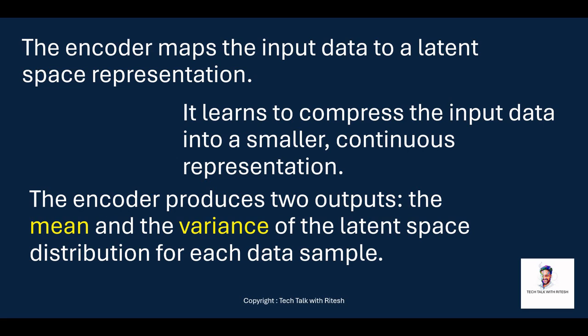And whenever we get the input, we'll just try to map it against one of those dots, right? Now that dot is kind of the place where you want to map your input data. Now the encoder first will map it to that dot with the input data, that is one thing, and then the encoder produces two outputs, the mean and the variance of the latent space distribution for each data sample.